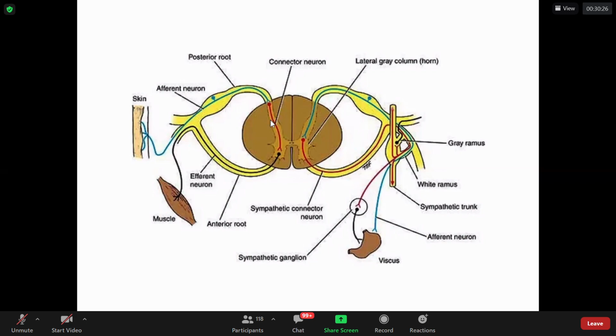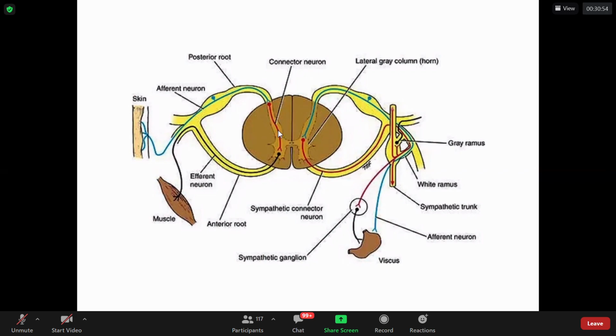This is the posterior horn and this is the anterior horn of the spinal cord. This is the gray matter, formed by a collection of the cell bodies of neurons, and this is the white matter of the spinal cord. So this is ending up here.